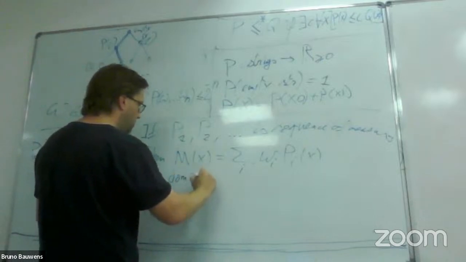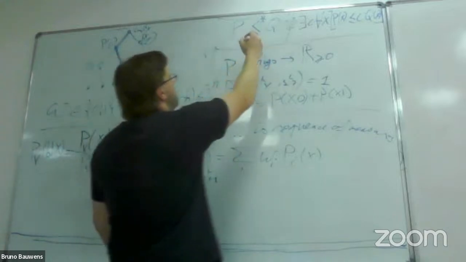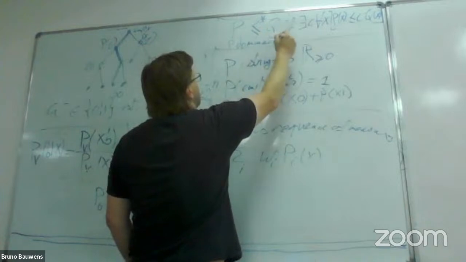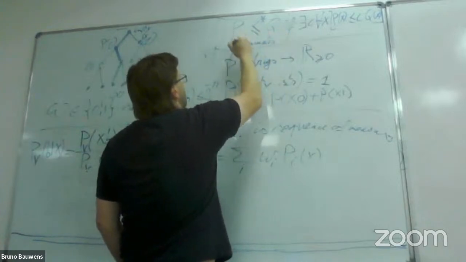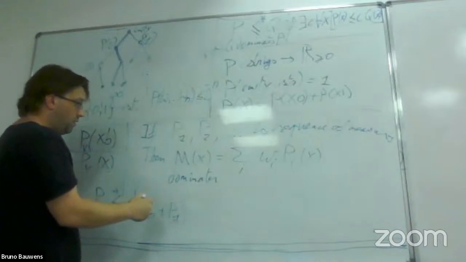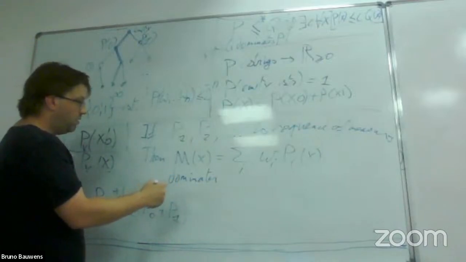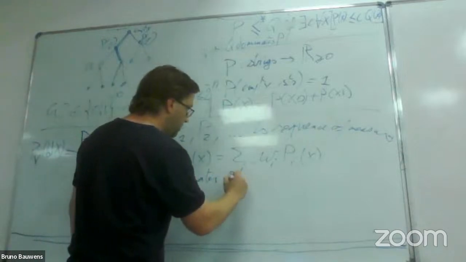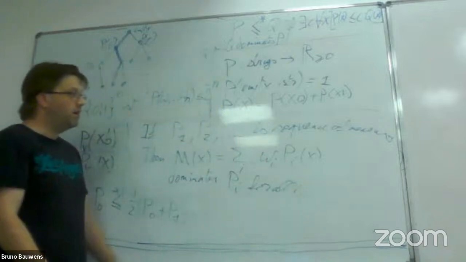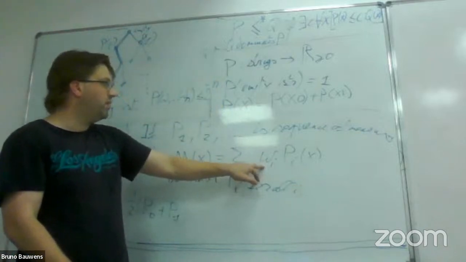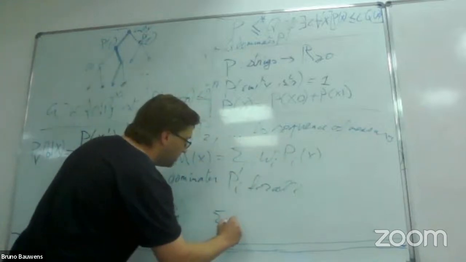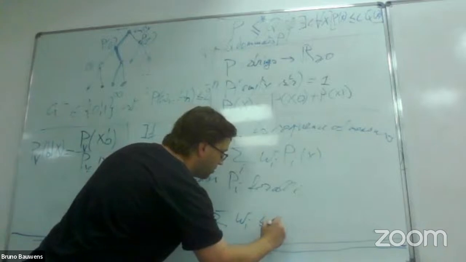So here we say Q dominates P. Then this measure dominates Pi for all i. And why? Here we need coefficients. I didn't say anything about coefficients, but here we require that the sum of Wi is at most 1.